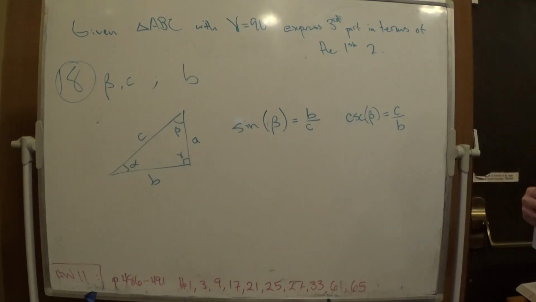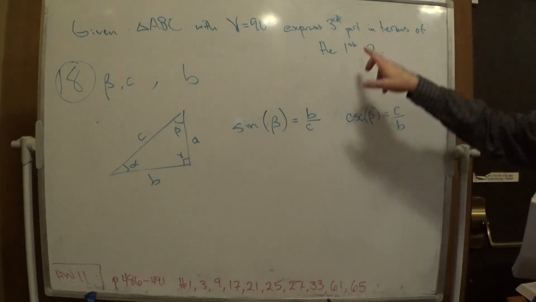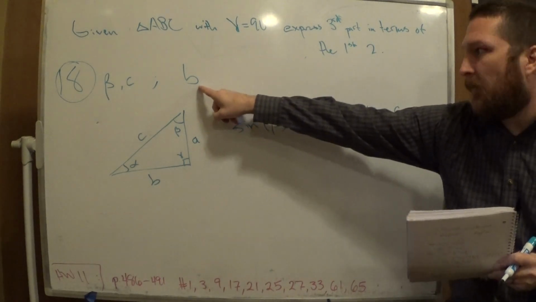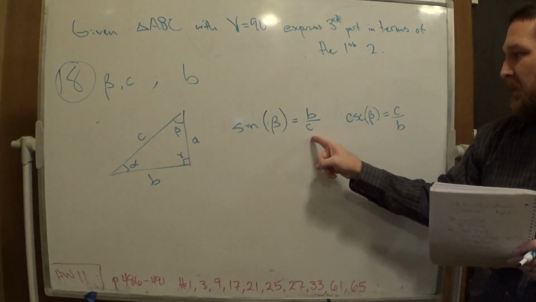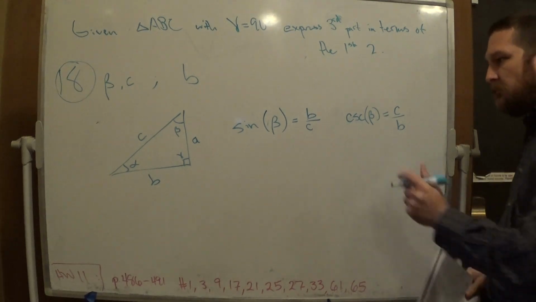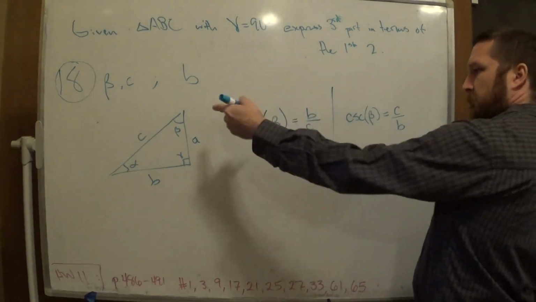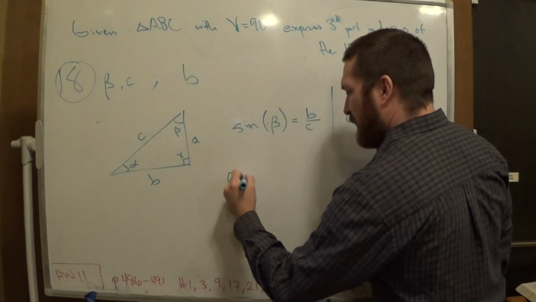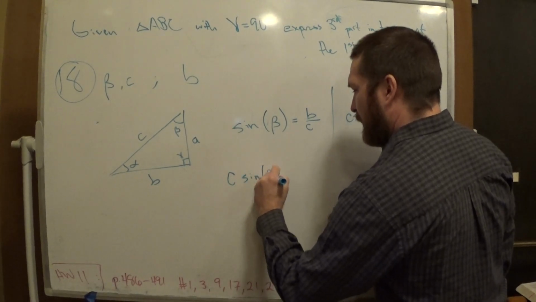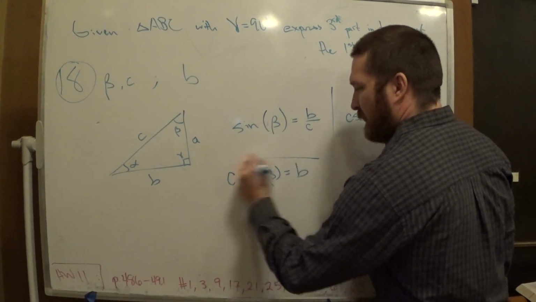But now it's saying express the third part in terms of the others. So in other words, get that one by itself in terms of the other. So what do I need to do here? Just multiply by C. Bring the C upstairs. And we get C sine beta is equal to B. And that's what they're looking for right there.